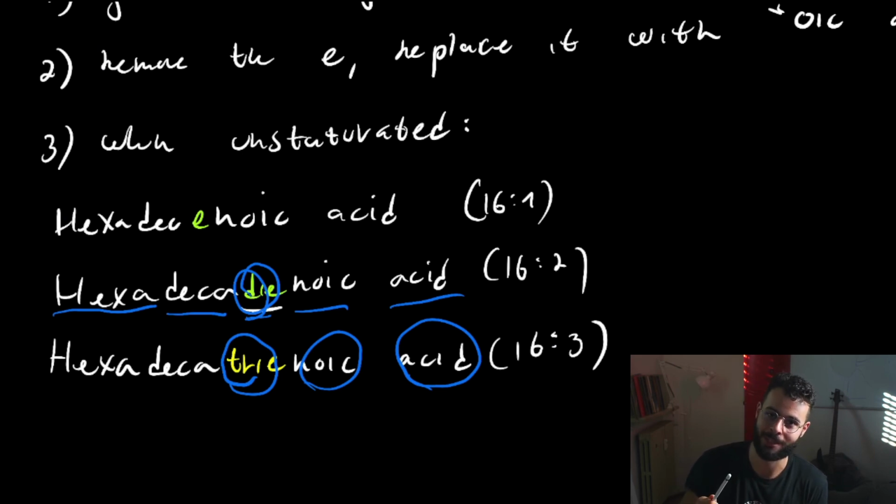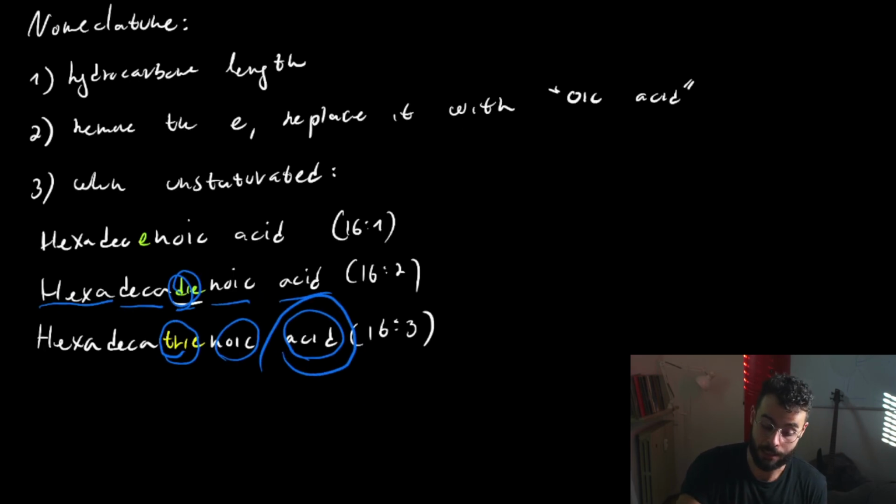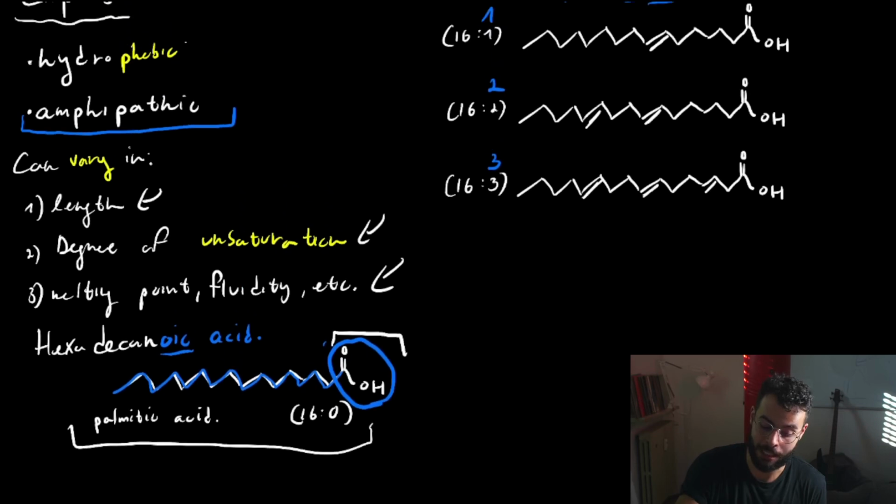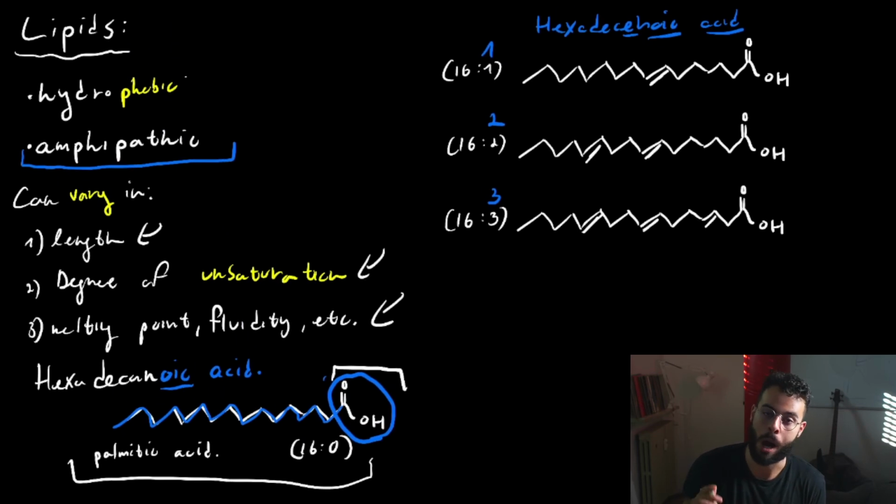So we mentioned the amount of unsaturation, the amount of double bonds we have. We mentioned the hydrocarbon, which represents the fat part of the fatty acids, the hydrophobic part, and we mentioned the acid, which is the carboxylic acid part. In the next video, I'm going to explain exactly what the properties are, why it is so important to have knowledge about the unsaturation and the double bonds inside the molecule. We're also going to mention how to name the molecules based on the exact position of the double or triple bonds.